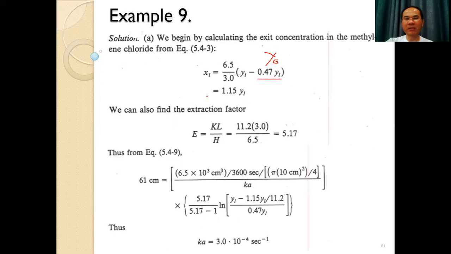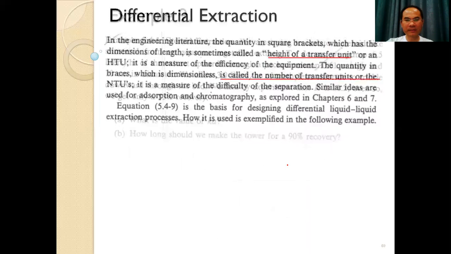Okay, and then you can calculate XL as a function of YL. And then you calculate the extraction factor, which is KS over L, we know 11.2. That's right. We know that you get 5. And then you substitute S over A, the cross-sectional area like this.